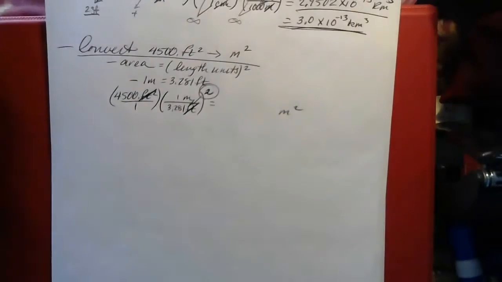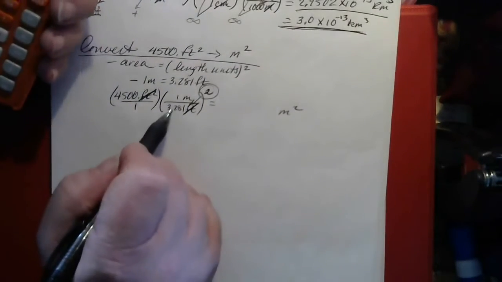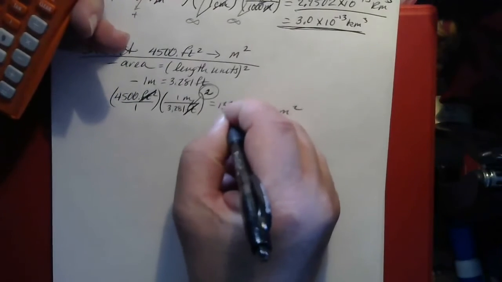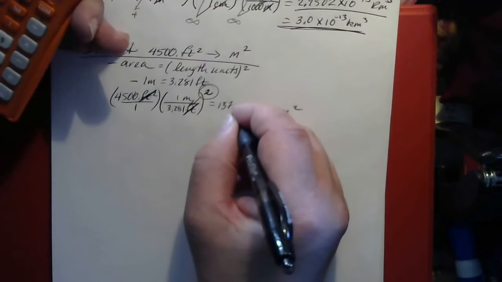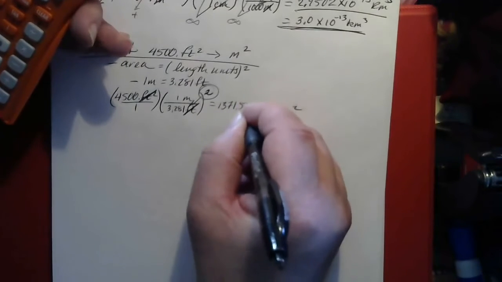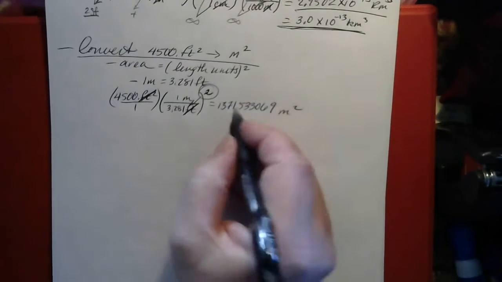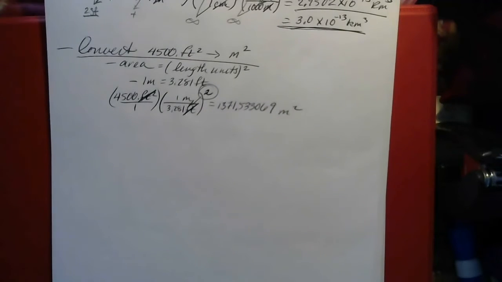And if we take 4,500 divided by 3.281, we get 1371.533069. Obviously, that's too many significant figures.